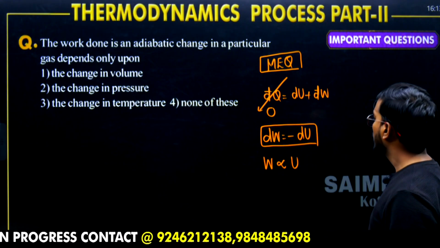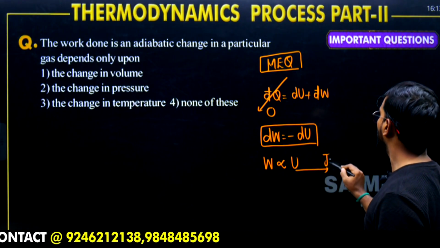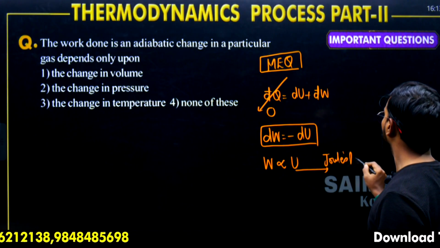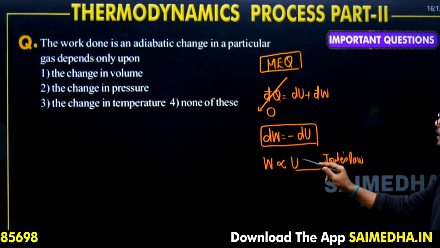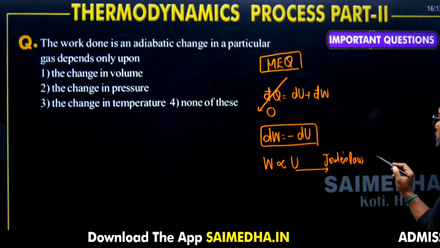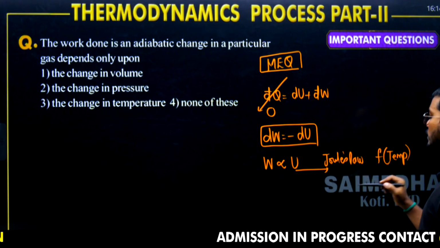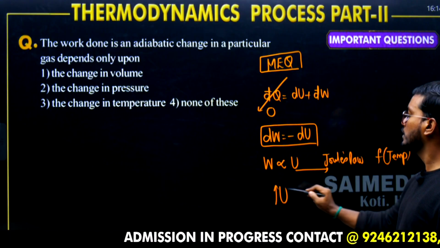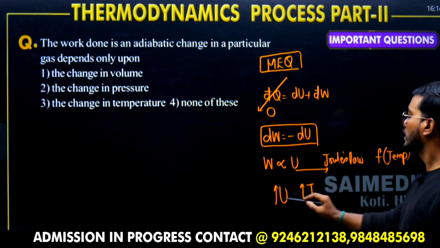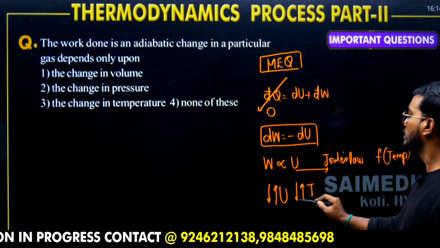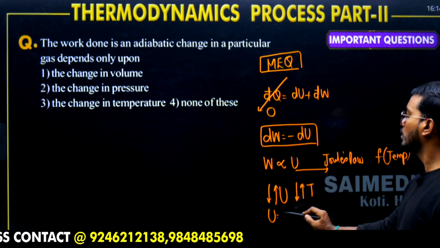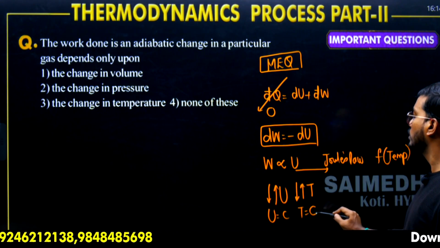Now internal energy according to Joule's law, this is multiple times ECET appeared question. Internal energy according to Joule's law is a function of what? Temperature. That means internal energy increases with the increase in temperature. Internal energy decreases with decrease in temperature. Internal energy is constant, then temperature is also constant.